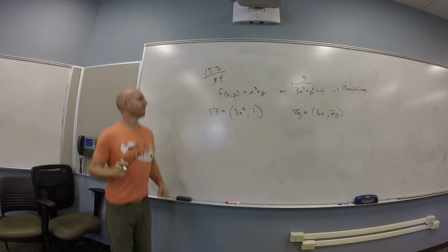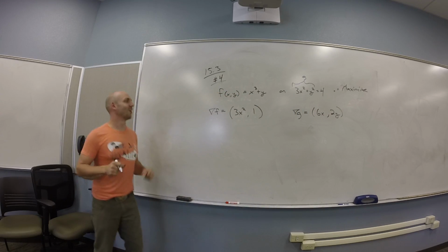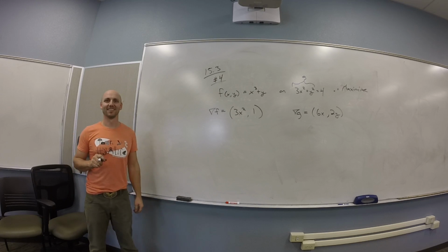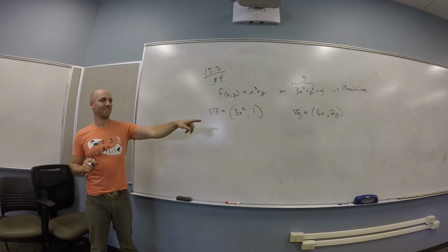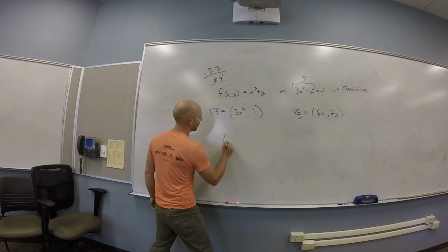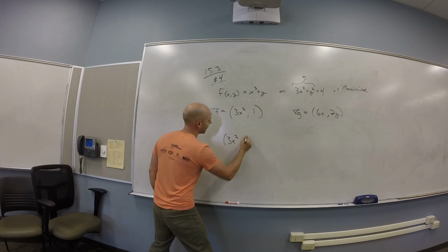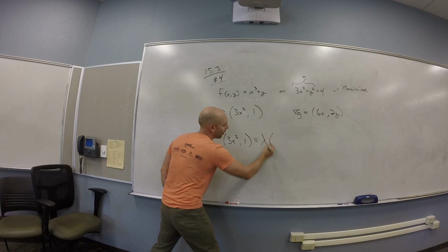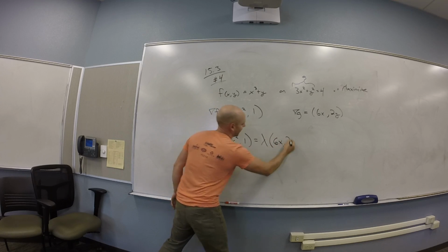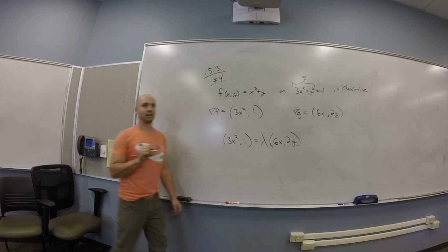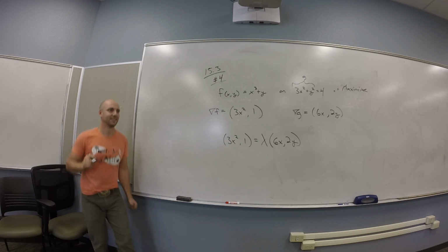Okay, good. 40%. What do you do with those? Gradient of f equals lambda times gradient of g. Good. So take one of them, set it equal to some constant times the other one. Which is 3x squared.